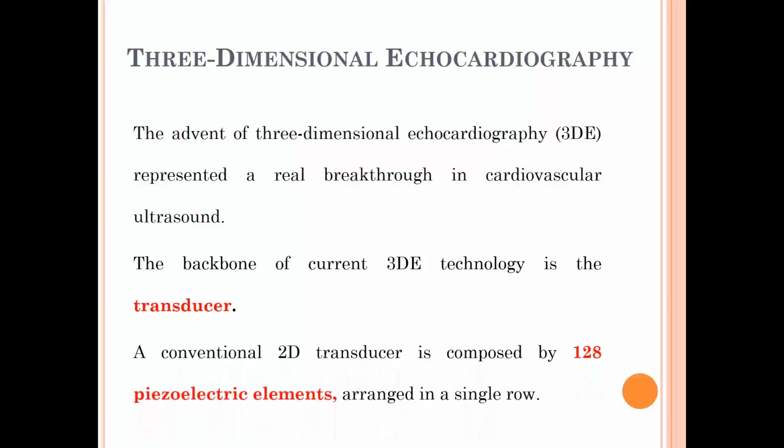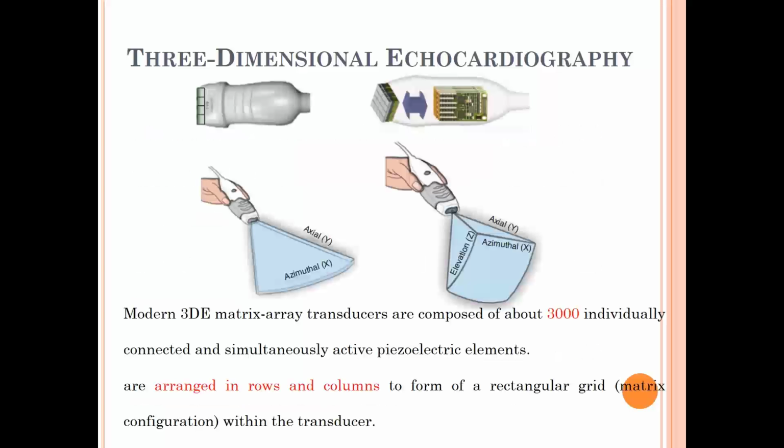A conventional 2D transducer is composed of 128 piezoelectric elements arranged in a single row. But the modern three-dimensional echocardiography matrix array transducers are composed of about 3,000 individually connected and simultaneously active piezoelectric elements, which are arranged in rows and columns to form a rectangle of grid matrix configuration within the transducer.